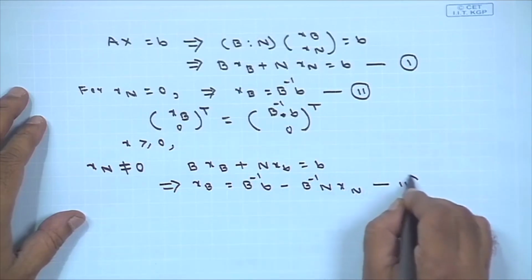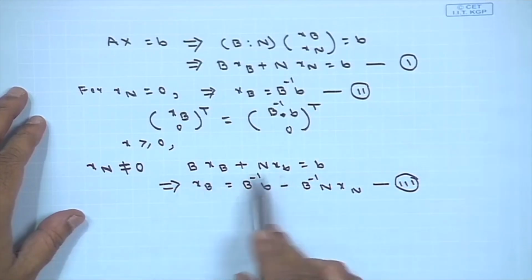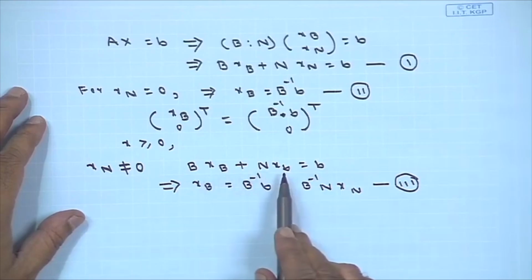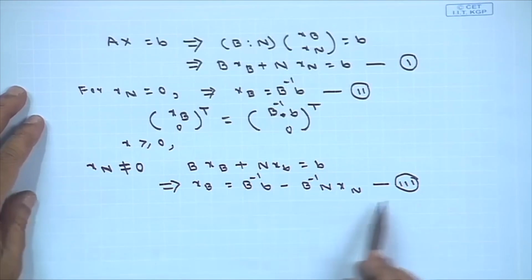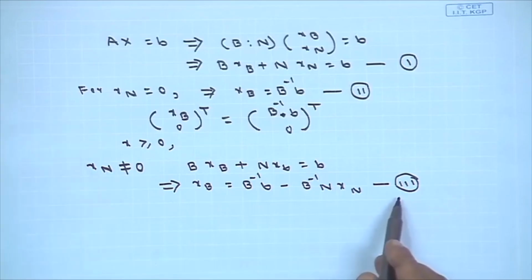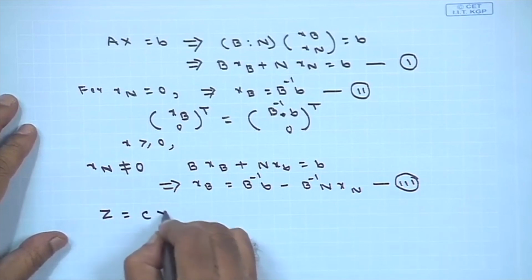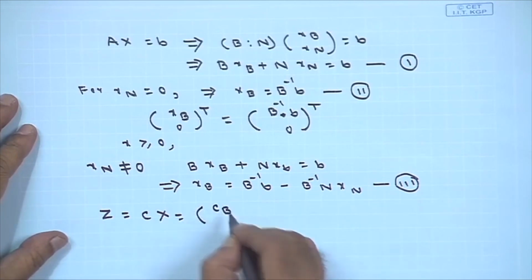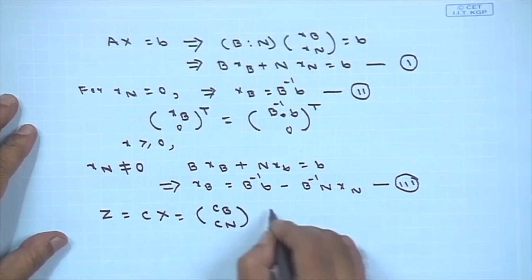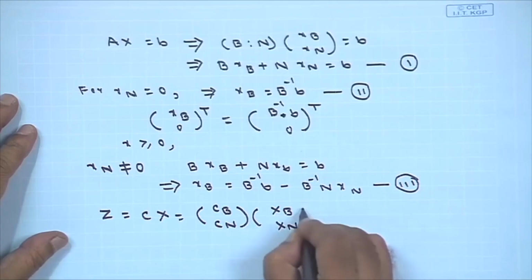So, this is equation number 3. So, for xn not equal to 0, from equation 1 basically we can write down xb in this form, which we are denoting as equation number 3. Your z is equal to now Cx, and Cx means this also we can write as Cb Cn and xb xn transpose.